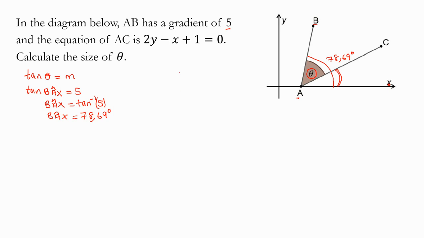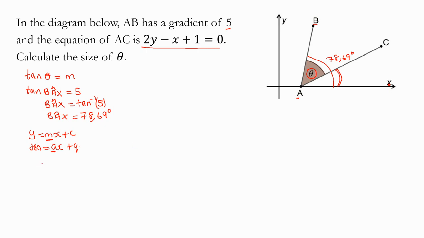And then let's go to the line AC. We're given the equation. By the way, how do we find the gradient of a line from the equation? We have to write our equation in the form y is equal to mx plus c, or even f of x is equal to ax plus q. We know that our m or our a represents the gradient.